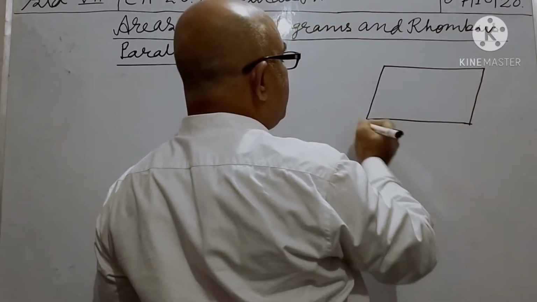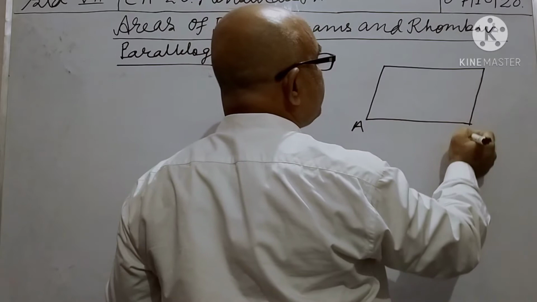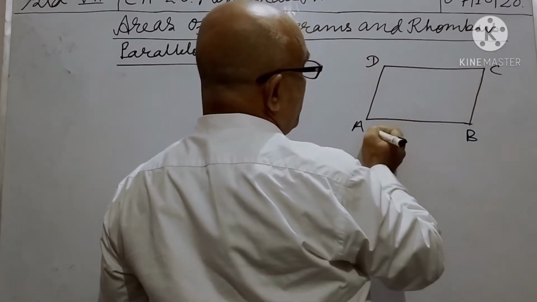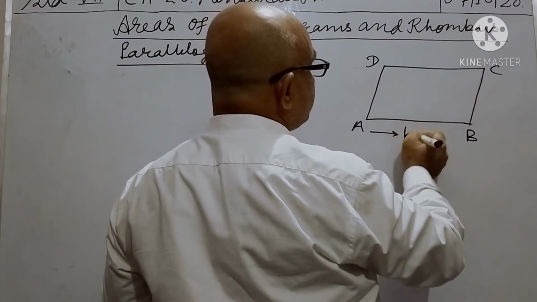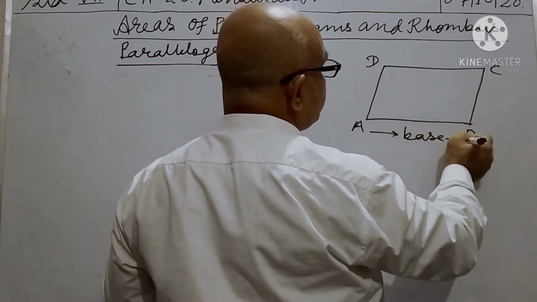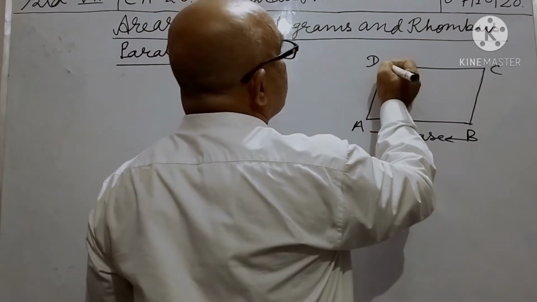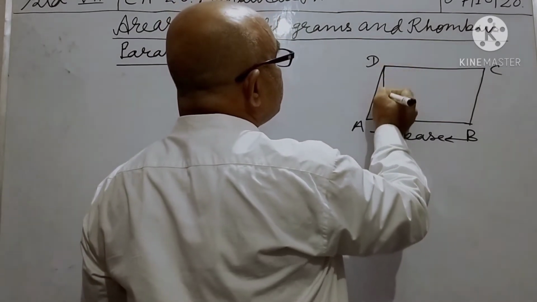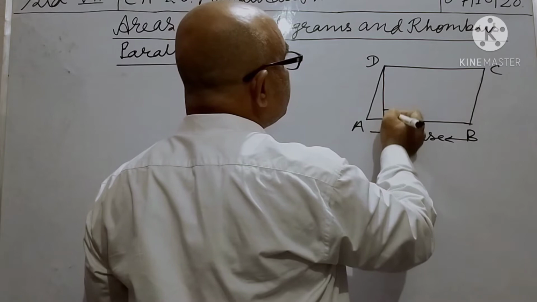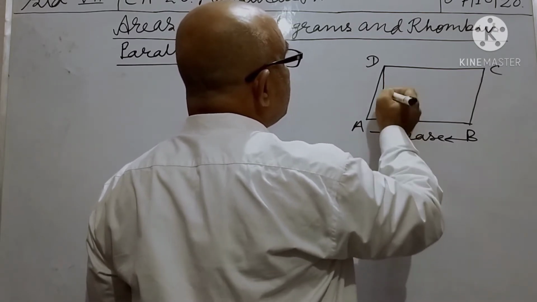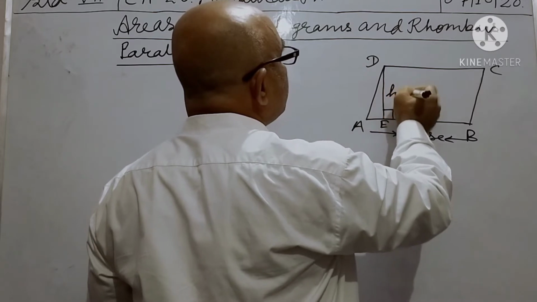Any side is called the base. Suppose AB is the base. The distance between the two parallel lines, suppose it is the height.